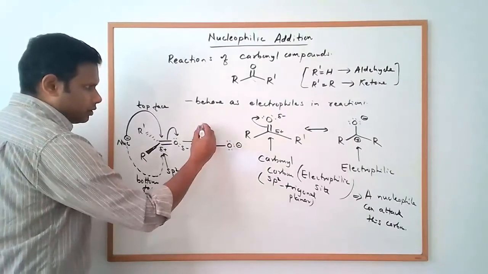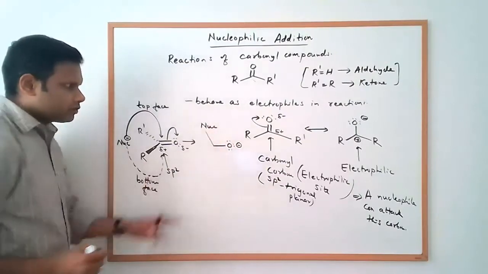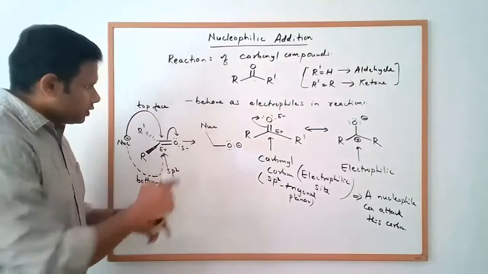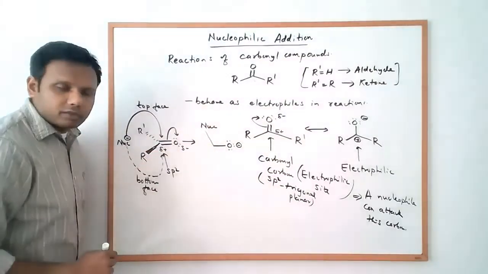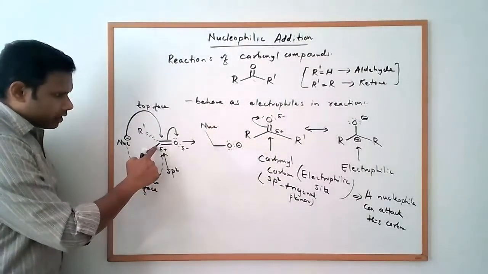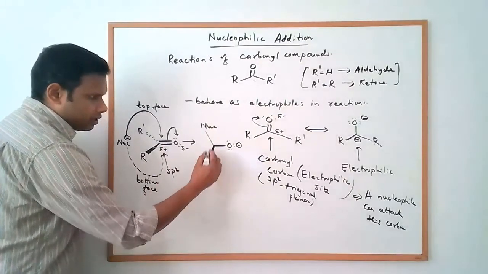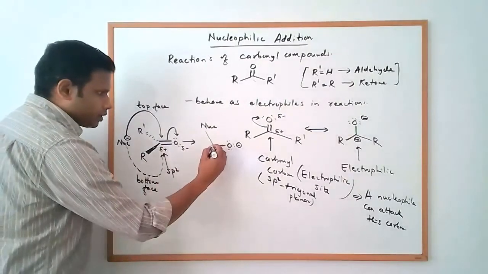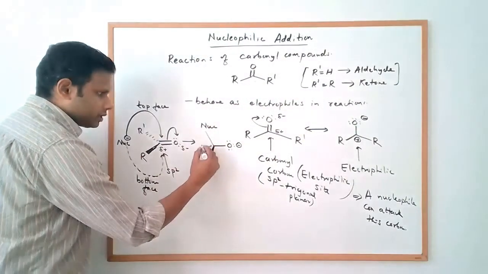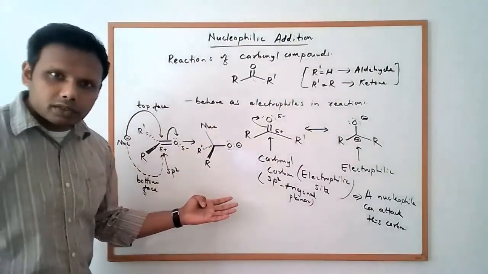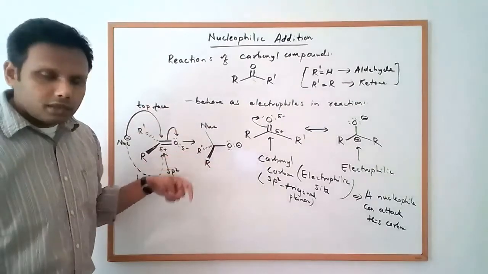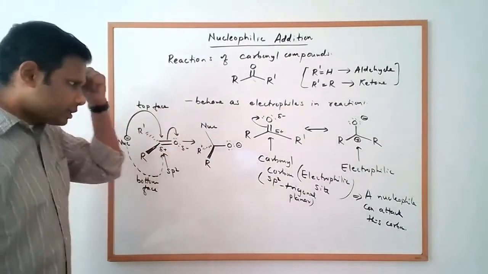The nucleophile came and attacked from the top face, so I've drawn it on a straight line from the top. The R group that was on a wedge is still going to be on a wedge, but pointing down now, and the R prime would still be on a dash and pointing down. That's one possibility. So the nucleophilic attack has happened.